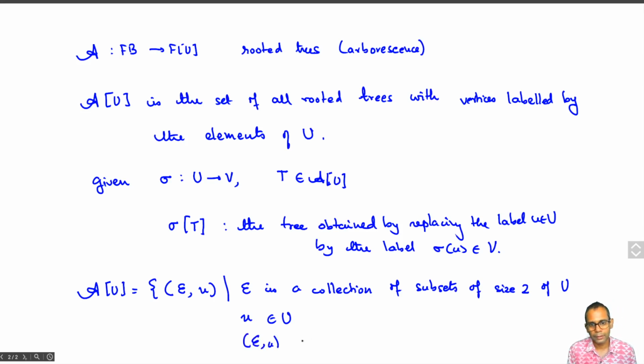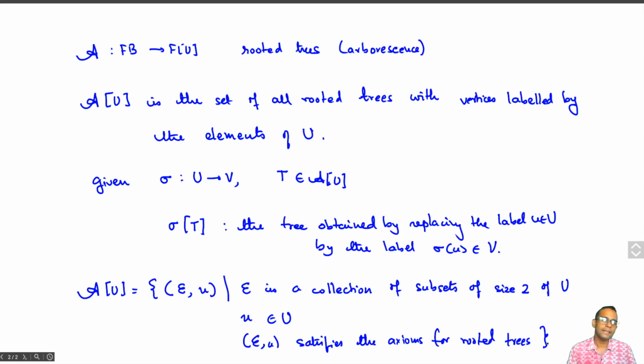E comma u satisfies the axioms for rooted trees, for which I will refer you to any graph theory book. So basically the axioms will say that there is no cycle in this graph whose vertices are the elements of U and whose edges are the elements of E. It's a simple graph. Okay, so this example tells us how we talk about species.